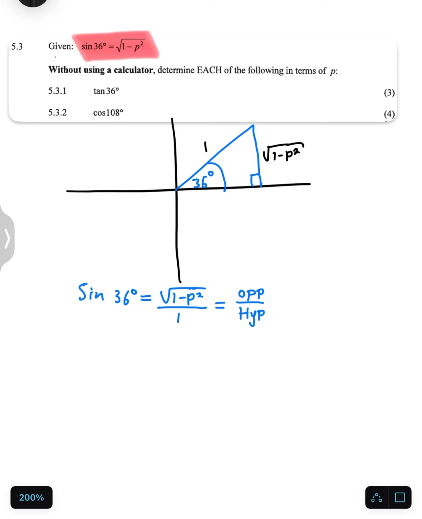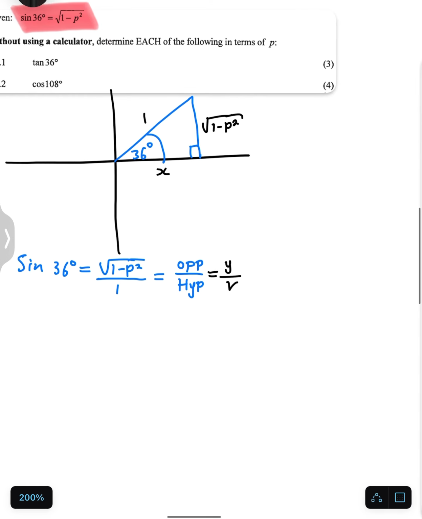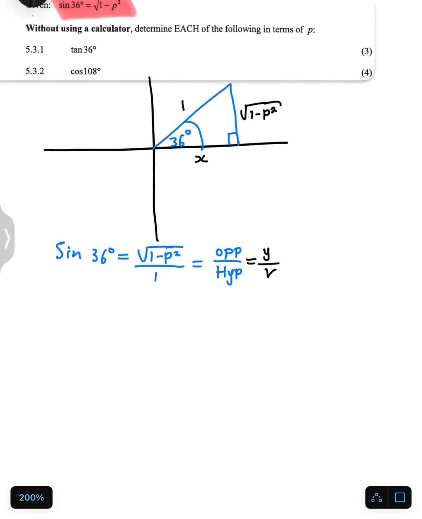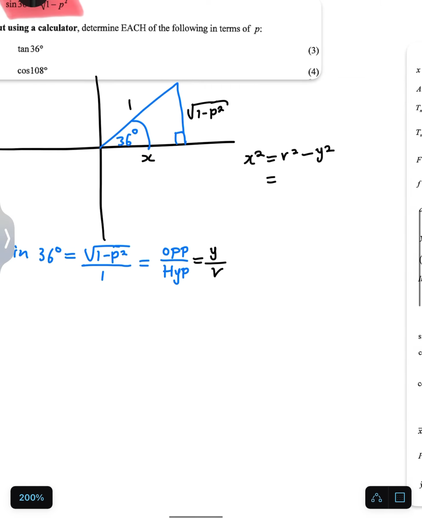So we need to find the value of x in this case, because this will be our y, and this will be our r. All right, so I'm just going to use Pythagoras quickly here. If we're looking for x, it is going to be x squared equals r squared minus y squared. So the value of r is 1, our hypotenuse, squared, minus y, which is the square root of 1 minus p squared, and then you square everything.